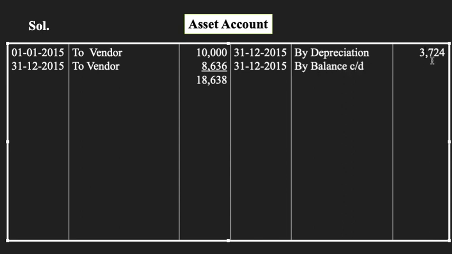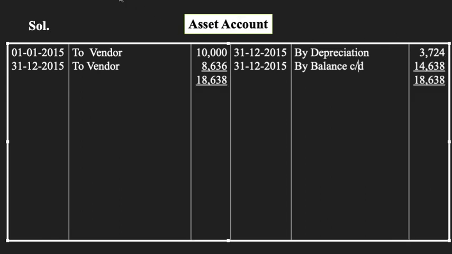So by balance carried down, how much is the amount? The amount is the difference, we have to deduct 3,724 from 18,638. If we deduct it, we are going to get 14,914, right?